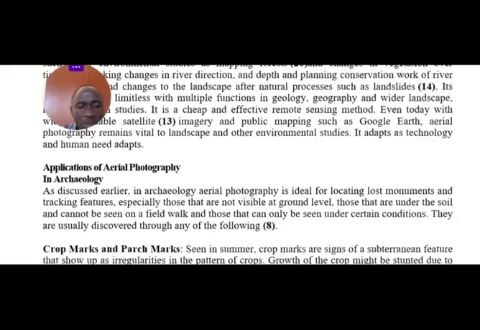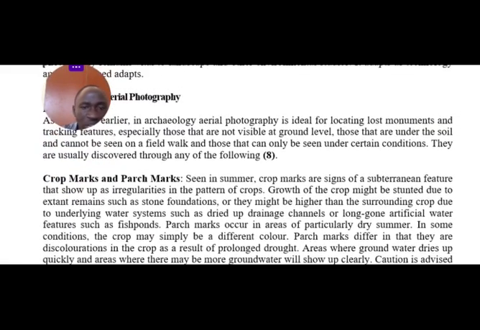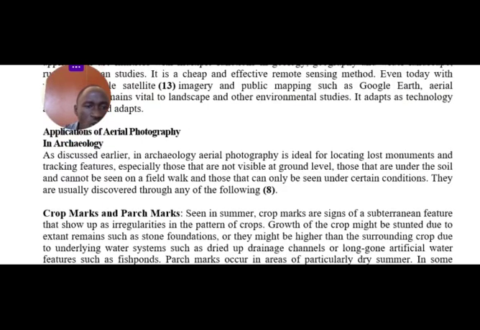We are saying aerial photographs may be applied in archaeology. Archaeology is the scientific method of obtaining information buried under the ground by use of the excavation method. So here they are saying that aerial photography is ideal for locating ruined monuments and tracking features, especially those that are not visible or that are buried under the ground.